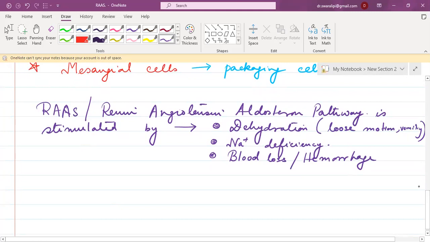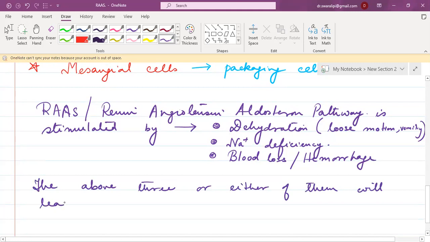So any of the three, that is dehydration, sodium deficiency, or hemorrhage, meaning a huge amount of blood loss, or either of them, will lead to a decrease in blood volume, right?